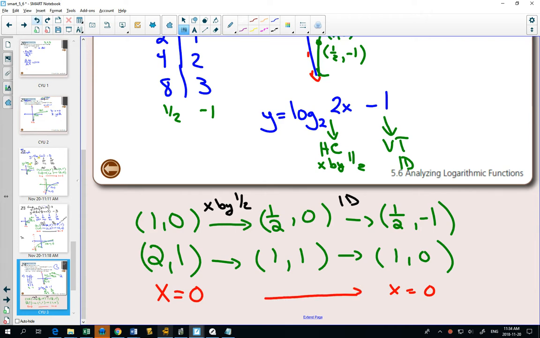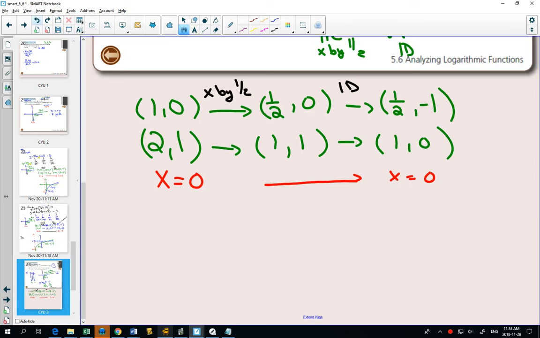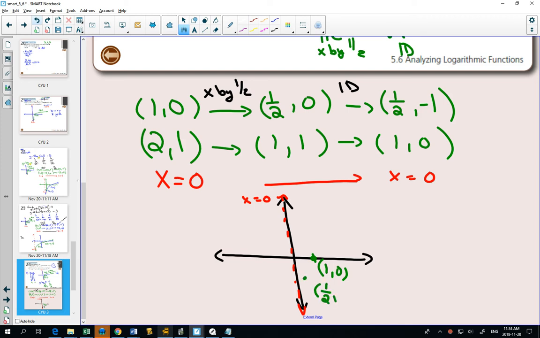No. We have our asymptote still at x equals 0. We have our points at (1, 0) and (1/2, -1).